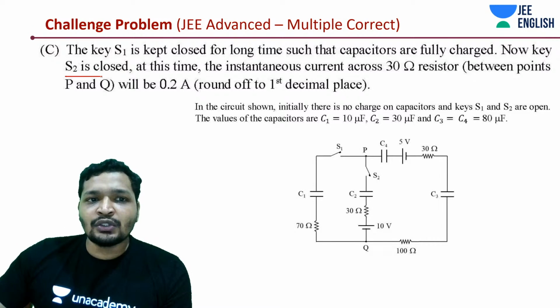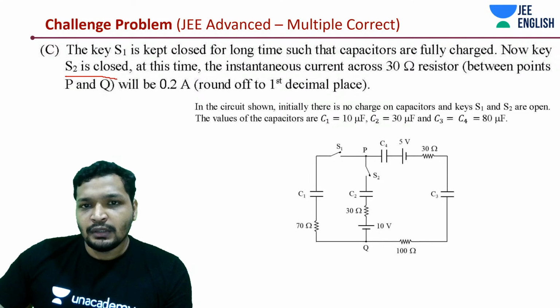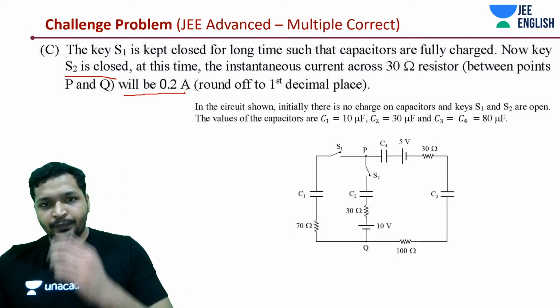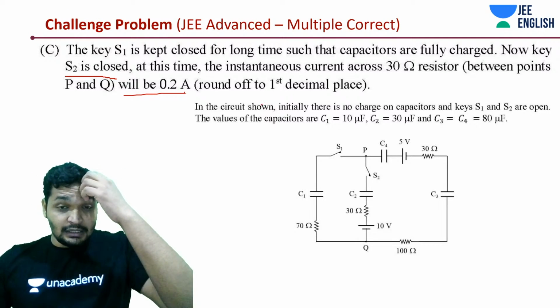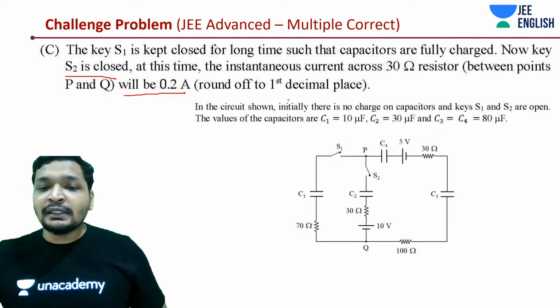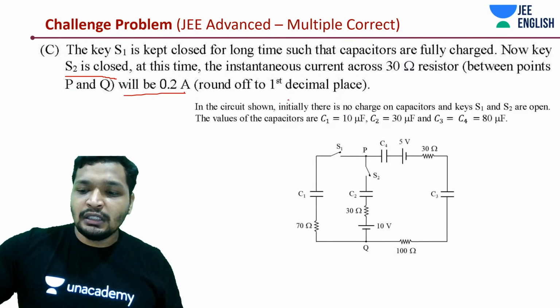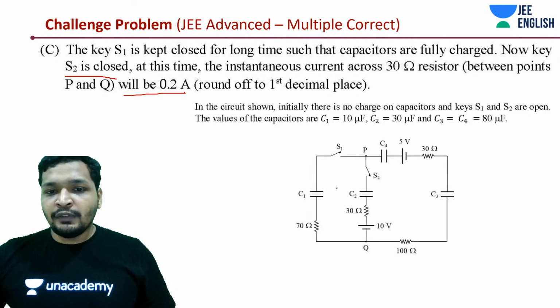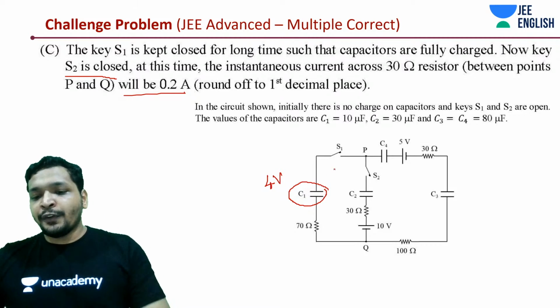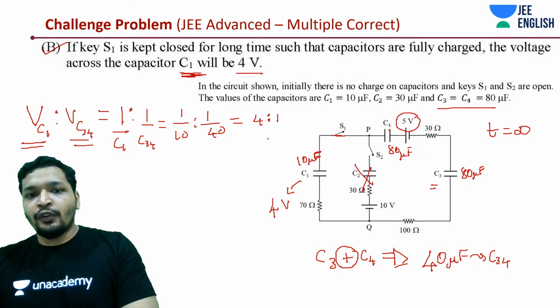Now the key S2 is closed. At that time, the instantaneous current across 30 ohms will be 0.2 amperes, rounded off to first decimal place. Now this is talking about the capacitors being fully charged. And what was the potential we found across this? 4 volts, VC1. 4 is to 1.